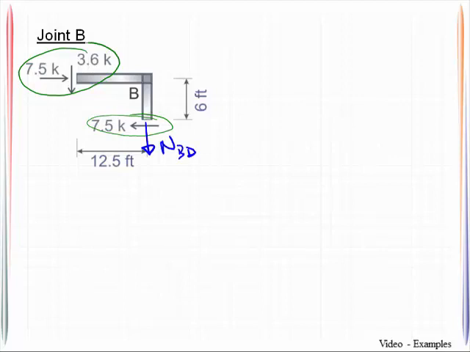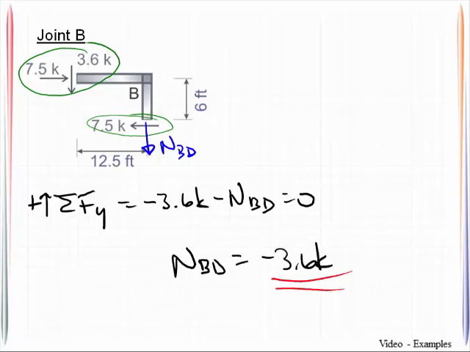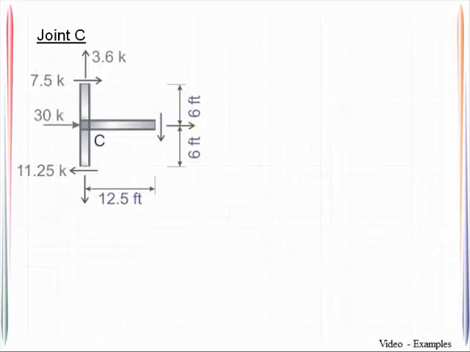And I could get that by summing forces in the Y direction equal to negative 3.6 kips minus NBD equals 0. NBD is equal to negative 3.6 kips. And since it's negative, we know that that's in compression. We move right along, and we can solve for the remainder of the unknowns as we look at joint C.